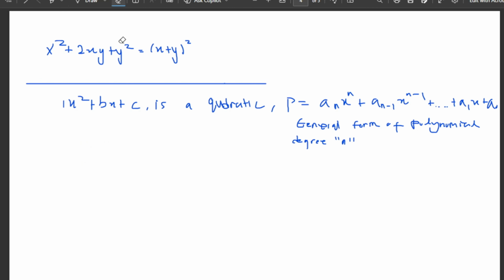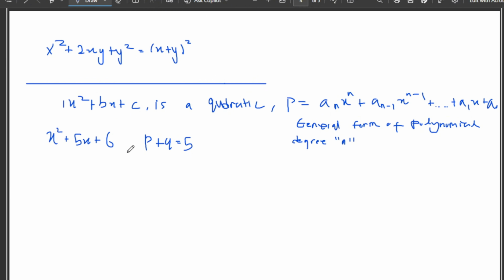For example, x squared plus 5x plus 6. When we add the two numbers, it must add to 5, but if we multiply them, it must give 6.